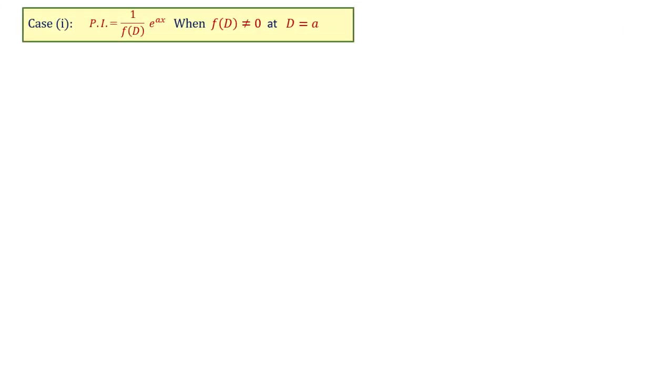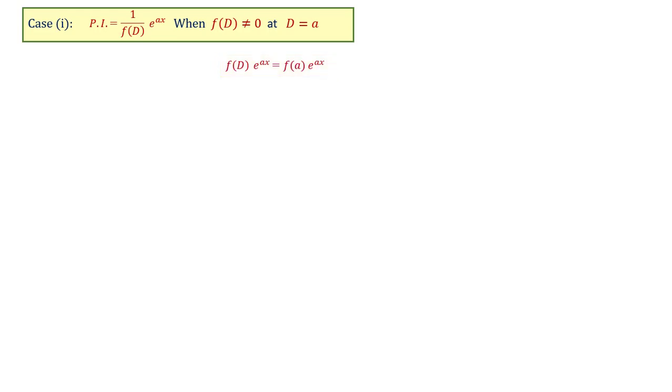Case 1. Here we will discuss how to find the particular integral when f(D) is not equal to 0 when D is equal to a. From the previous slide we have f(D) of e power ax is equal to f(a) e power ax.